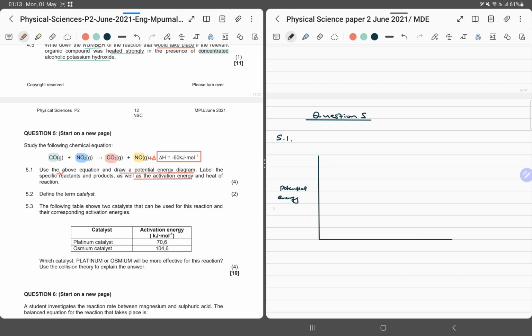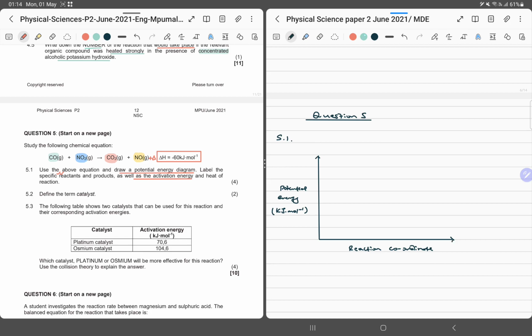Then of course it's always in kilojoules per mole. Okay, always state the SI unit for that. And then here we just call it the reaction coordinate. Okay, so please remember those things.